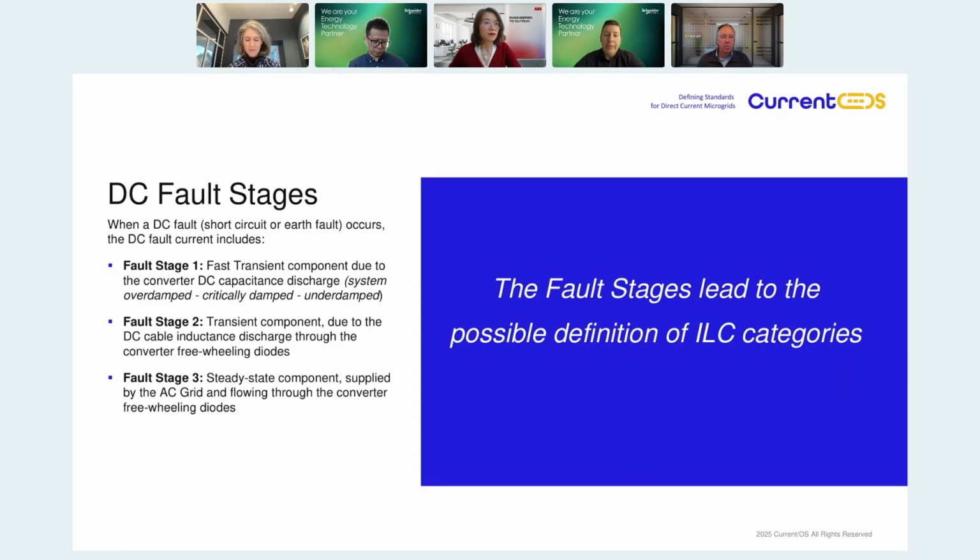And finally, we have the so-called steady state stage, stage 3, which is basically the contribution coming from the AC part, which can be present or not according to the architecture of the converter.